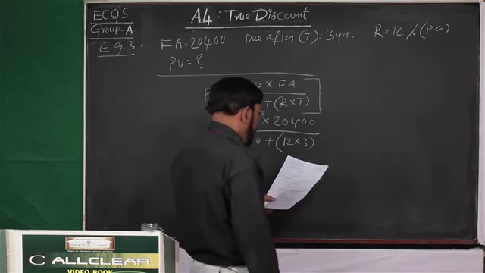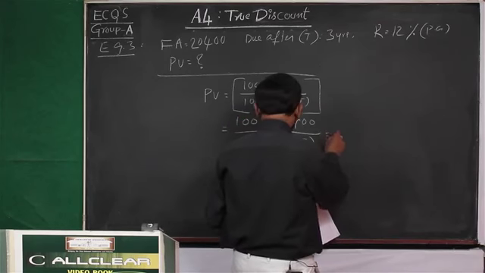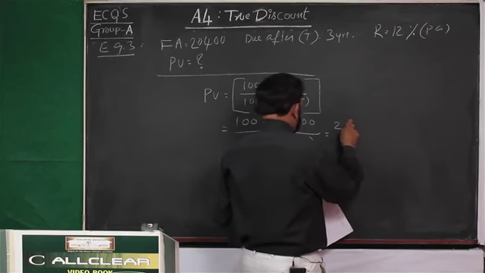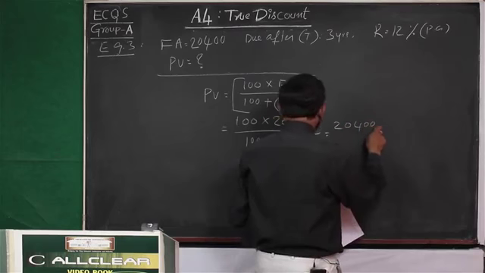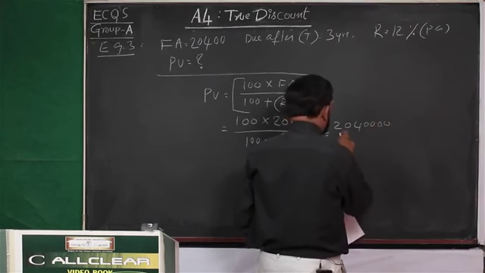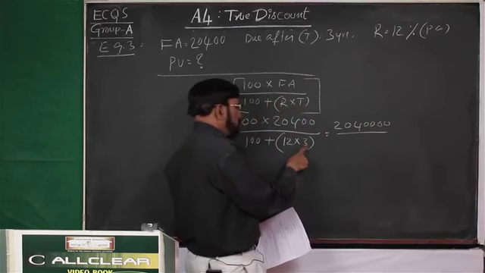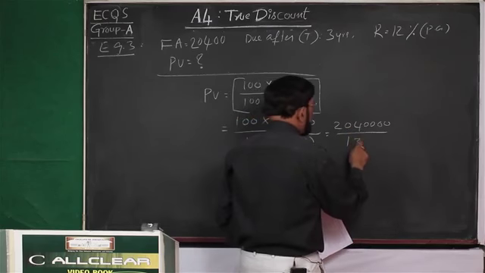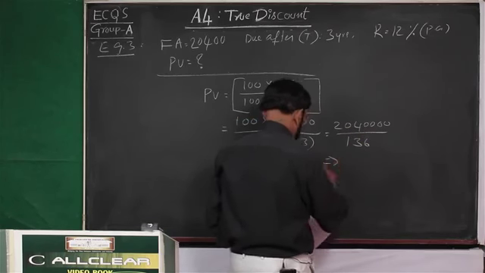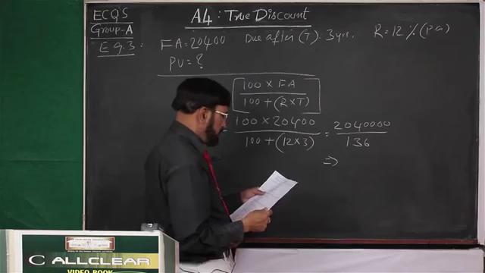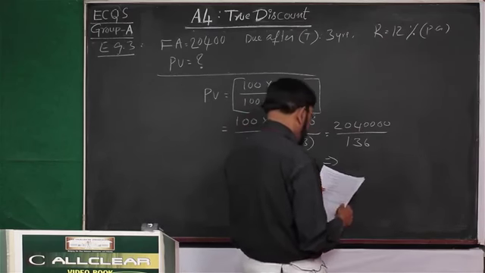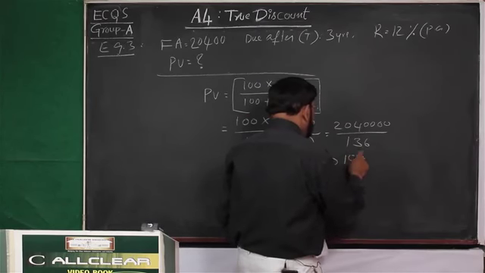Then it comes 20,400 into 100 by 100 plus 12 into 3, which is 36, 136. Then if you calculate this, it comes 15,000 rupees.